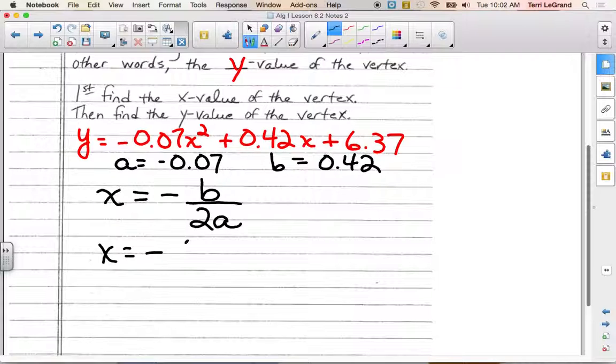So go ahead. You know what? I think you can actually do this one without a calculator. So if you want to challenge yourself, that'd be awesome.